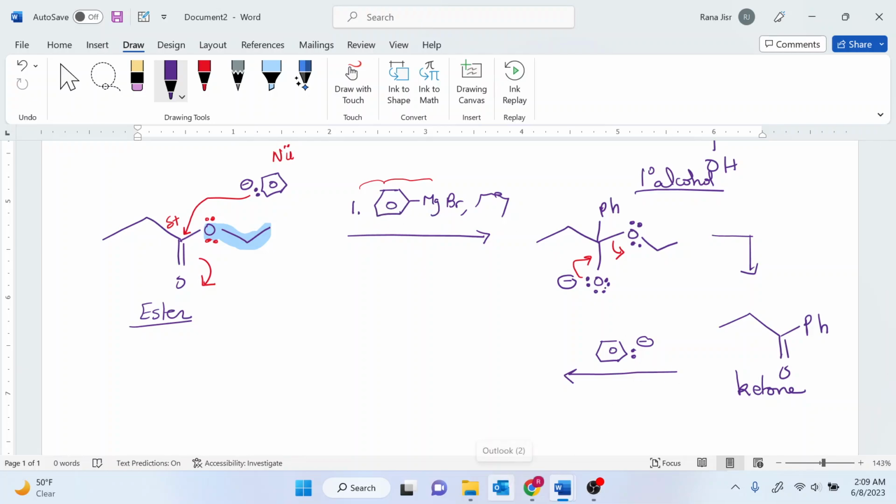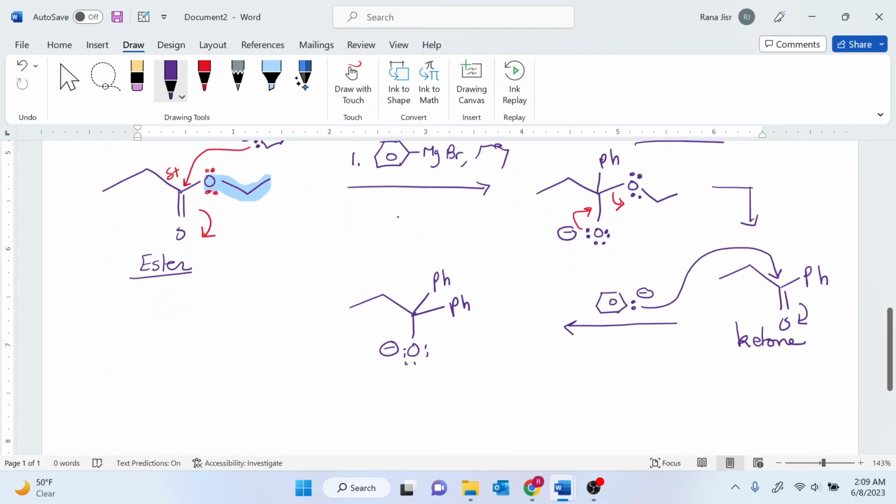So this guy over here now is going to come. It's going to attack the carbonyl, forming a negative charge on the oxygen. Now the only difference here is that I don't have an additional leaving group in here. But I ended up adding the phenyls twice in there. And these two phenyls here belong to the R of the Grignard in this case. So now my second step, I'm done.